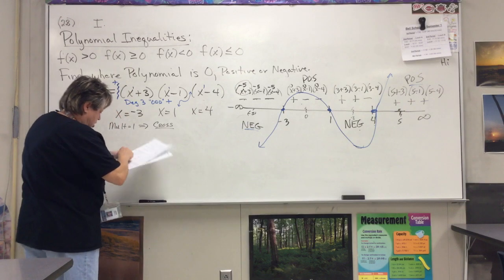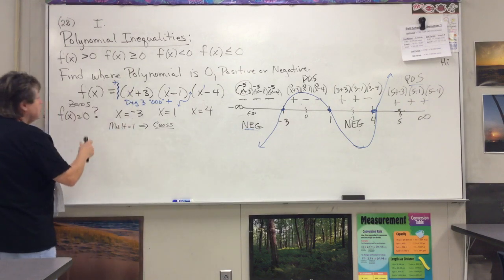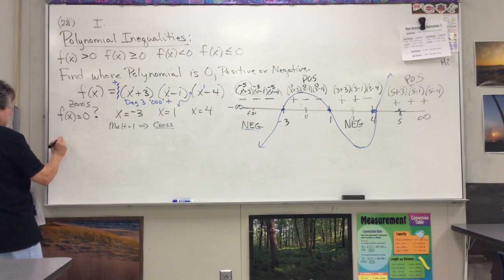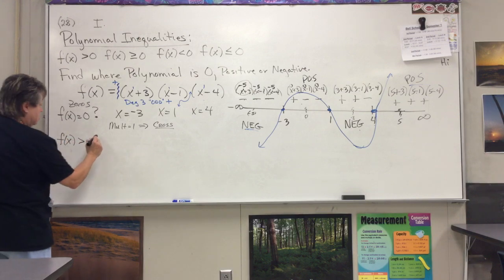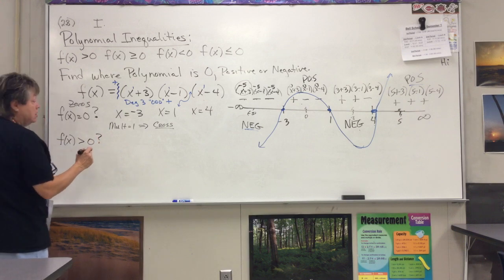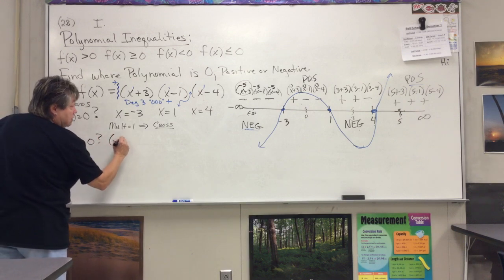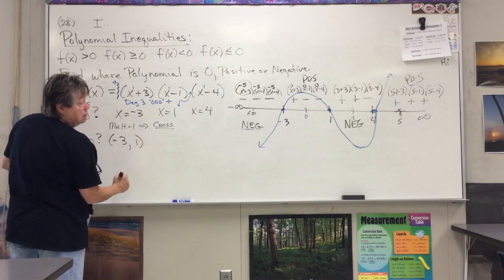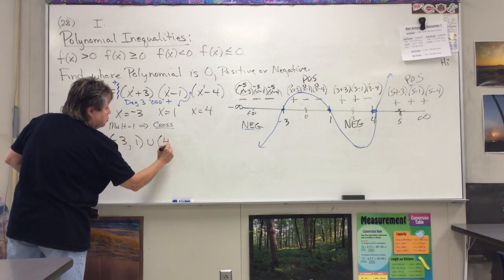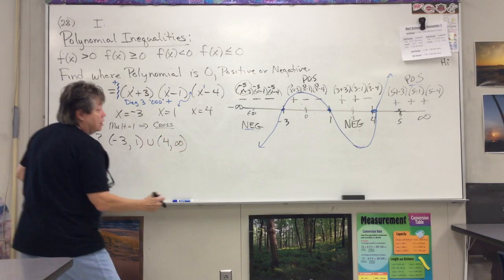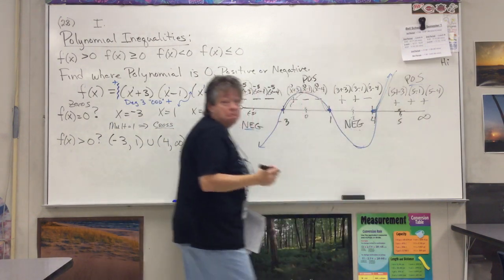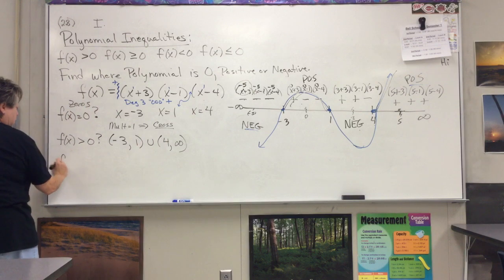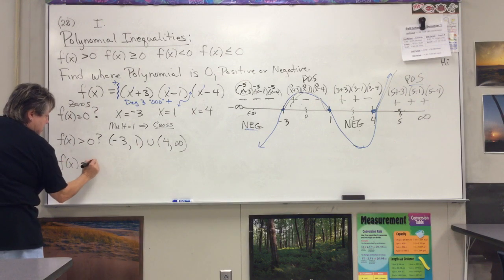Okay, so to finish answering the questions, we have the zeros. It asks next, when is the function positive? Okay, well, we are positive from -3 to 1, and also from 4 to infinity. Okay, so we're positive up, and then lastly, where is our function negative?